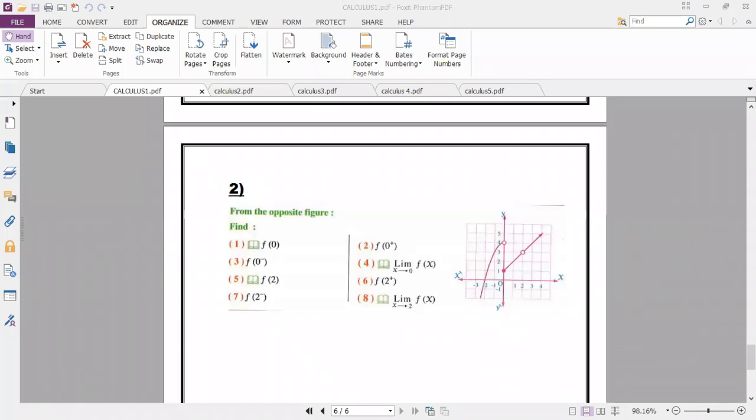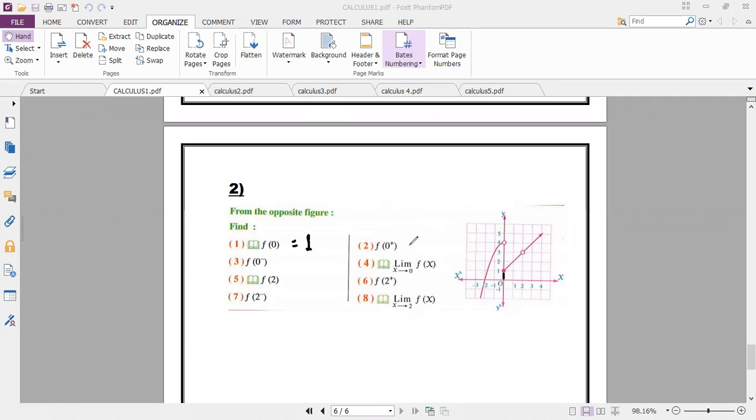From the opposite figure, I want to find f of 0. So f of 0, when x equals 0, going up here, you will hit the point at 1. So f of 0 is 1. The value of the function when x equals 0 is 1. Now the limit from the right at 0.